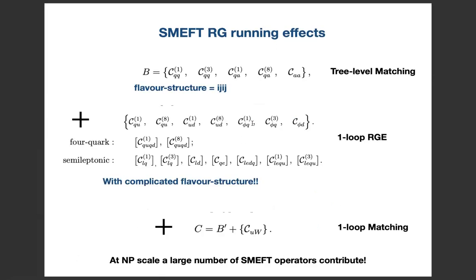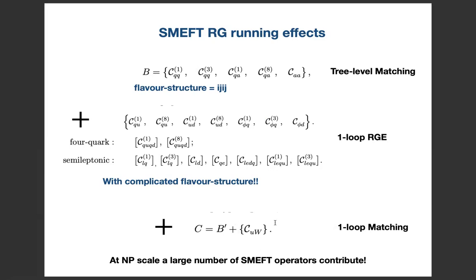Okay, let's continue. To summarize, at the tree level, only these 5 operators are relevant for delta equal to 2 processes with flavor structure IJ. And when you include one loop running, many more operators will come into play, with a very complicated flavor structure. And due to one loop matching, as I said, we also take into account one loop matching at the electroweak scale.